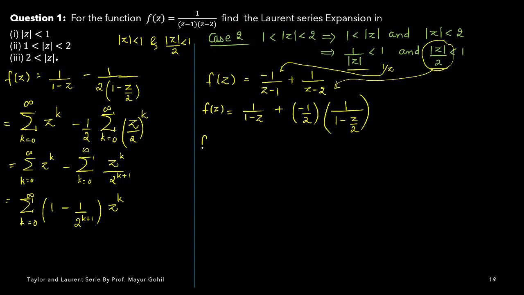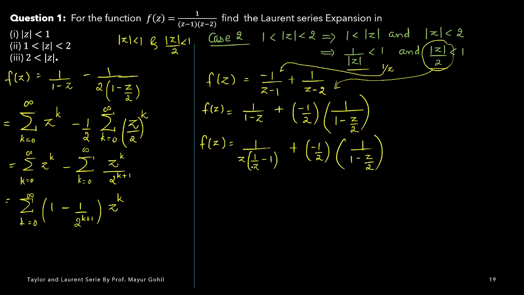Now let us see. Here I'll write f of z as, taking z common, 1 upon z minus 1. That is established. I have got 1 upon z. That was my goal, right? And here I have a minus of half outside, and the whole thing is 1 upon 1 minus z by 2. We are done with this.